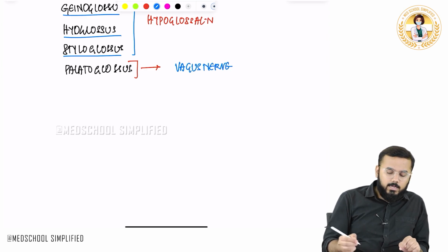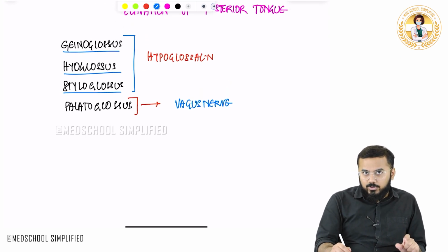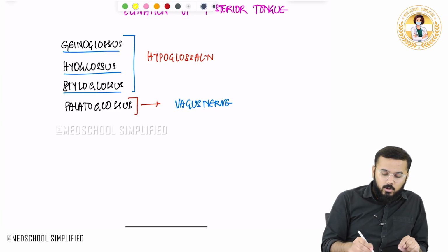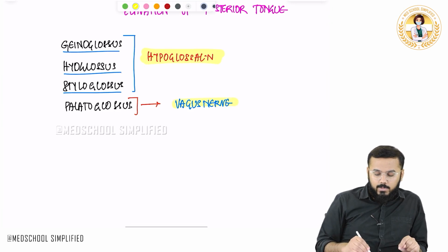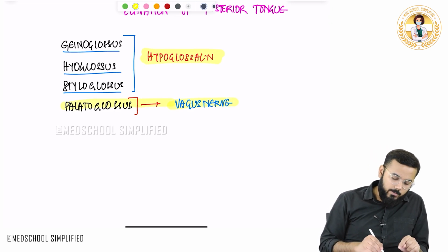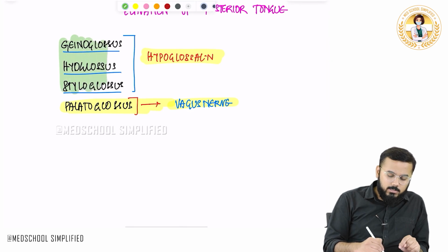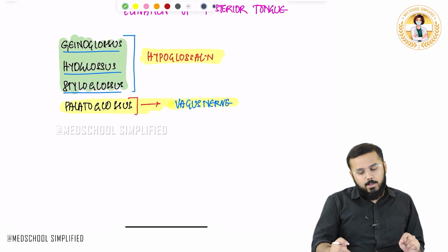So two nerves are innervating your tongue's extrinsic muscles mainly. One you call the hypoglossal nerve, another one is vagus nerve. Vagus nerve to what? Palatoglossus muscle. And to the remaining three of them, genioglossus, hypoglossus and styloglossus, you have got your hypoglossal nerve.